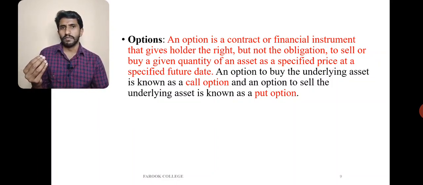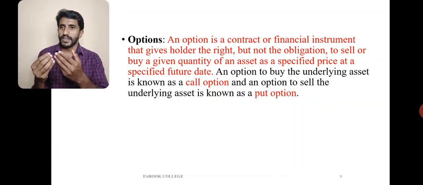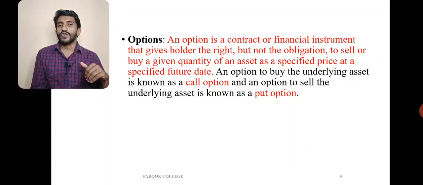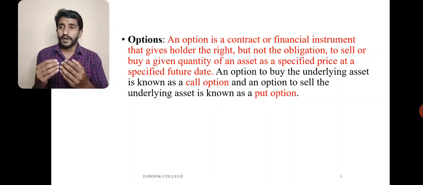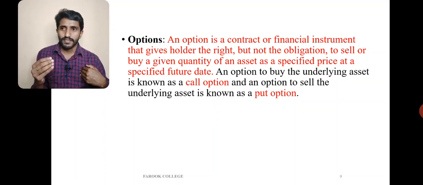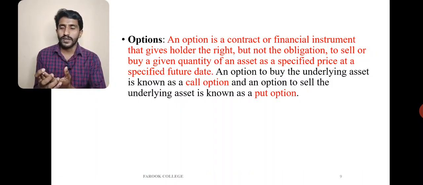He also says, okay, I can buy $100 after 90 days, I am also ready for this agreement. But if I want to withdraw from this agreement, I can do it because I am the person who holds this agreement. It is a right for me. If I want to make this transaction, I can do it, but it is not an obligation for me. Suppose I want to withdraw from this agreement, I can do it.